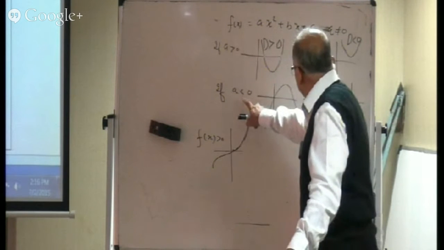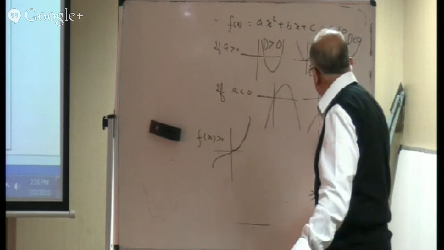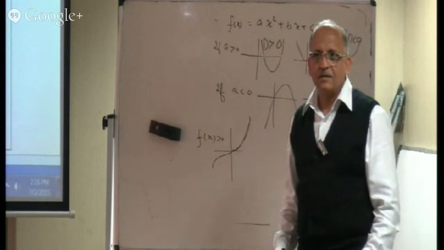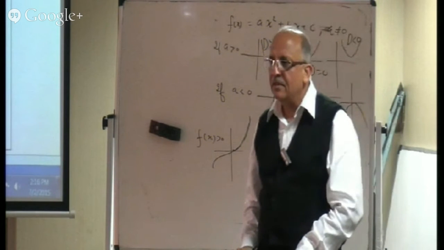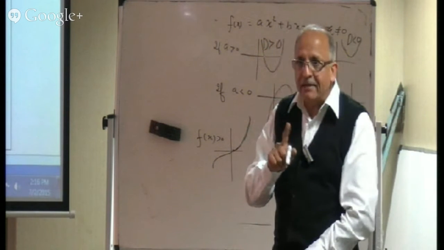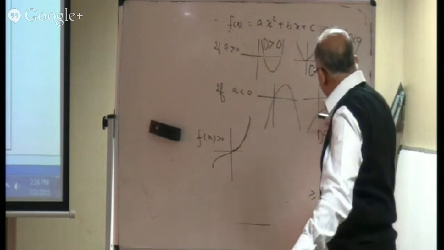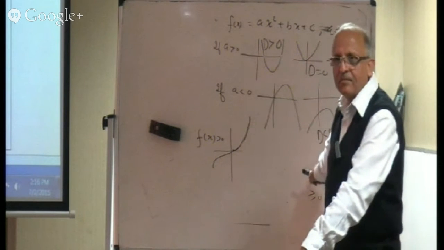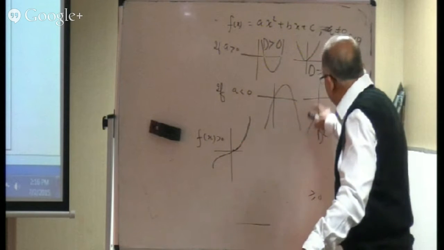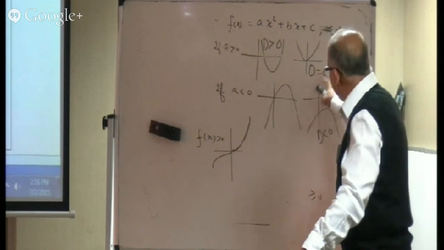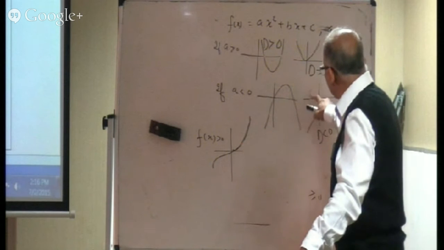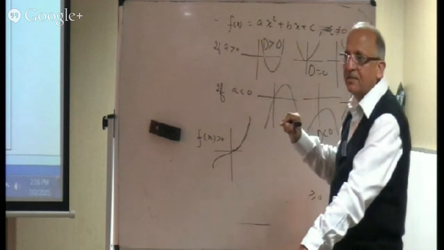Similarly, when a is less than 0 and D is less than 0, the expression is always negative, because a is negative, the curve is opening downwards, and D is negative, the curve is not intersecting the x-axis, so it cannot go above the axis. Above the axis it cannot come, because if it goes above the axis it will have to intersect at 2 points.